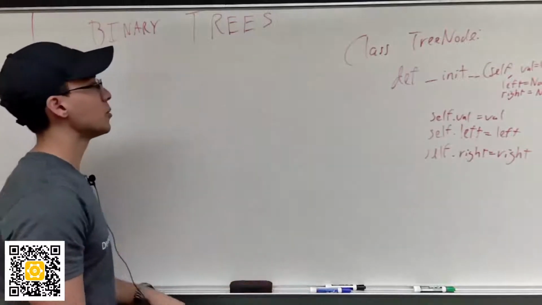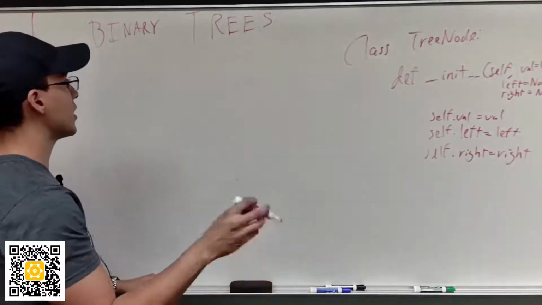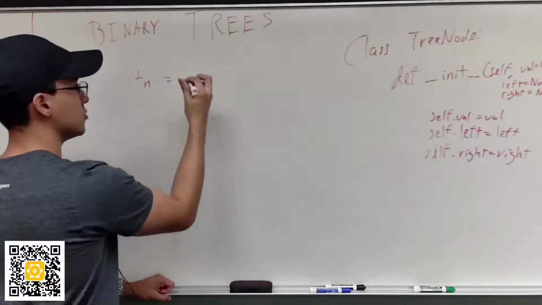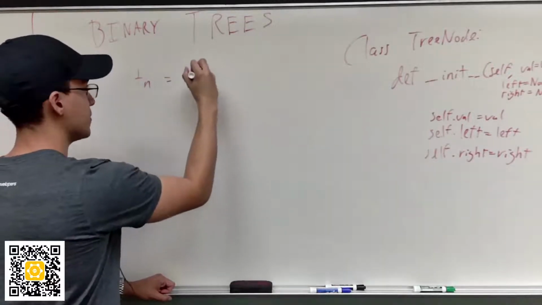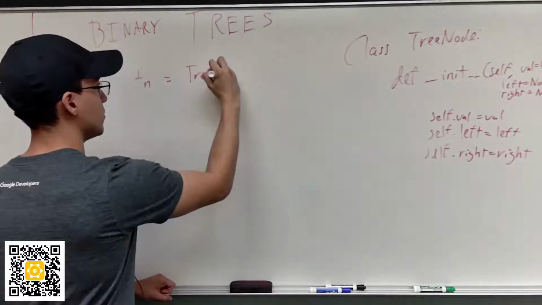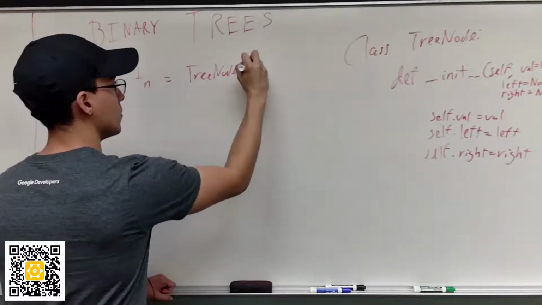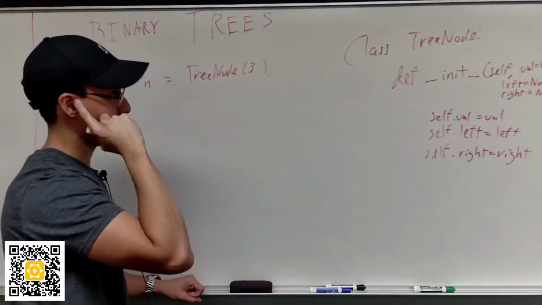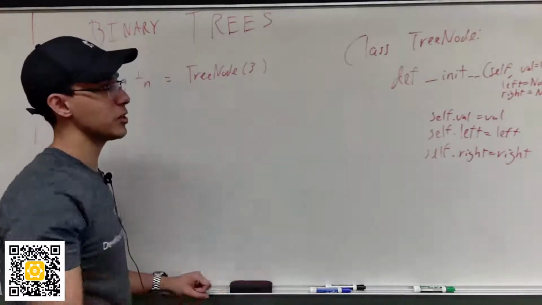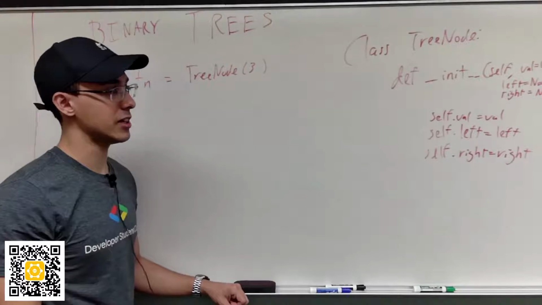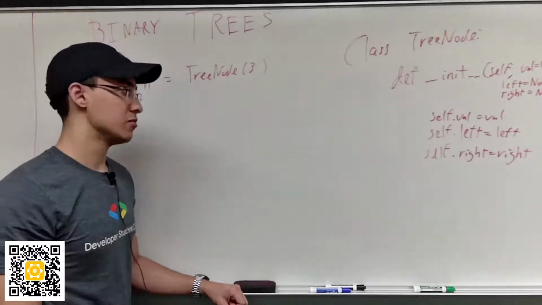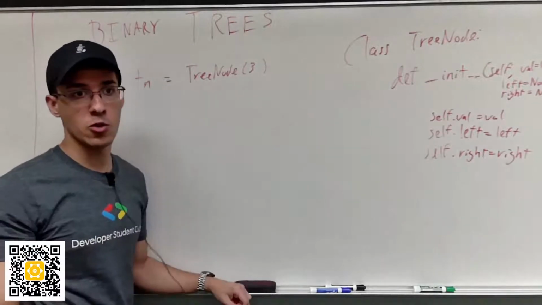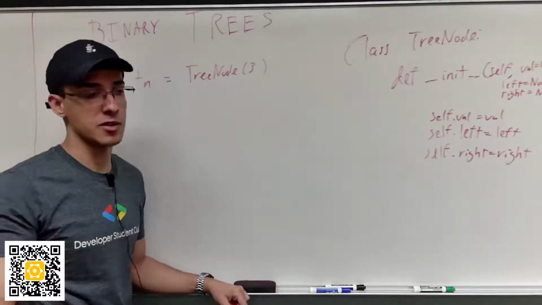So let's say I initialize tn equals TreeNode. Another thing, this tree node's values are specifically ints, but it could have been a string. Remember, in a node, the value could be of any type that you define.